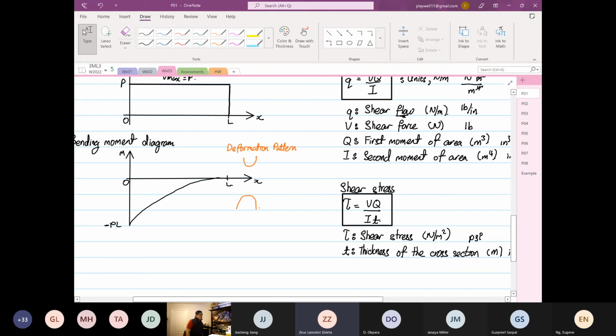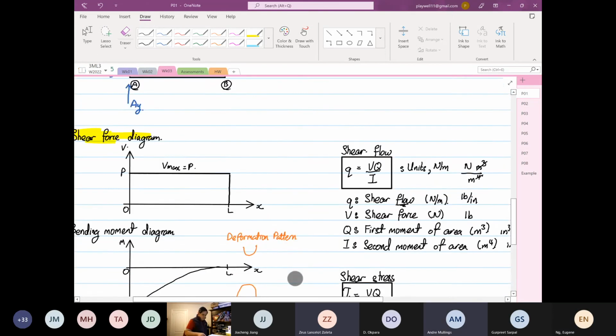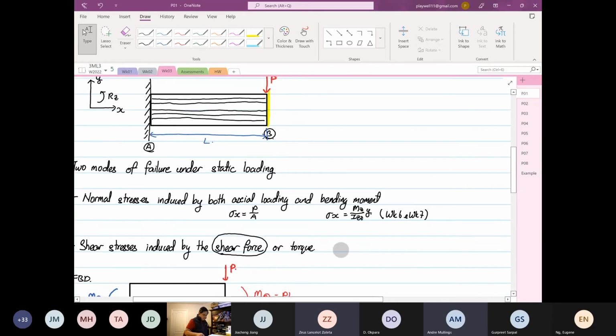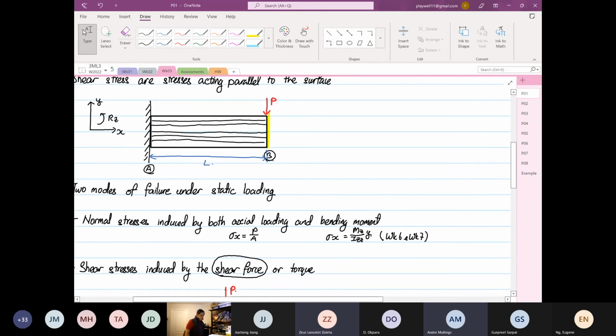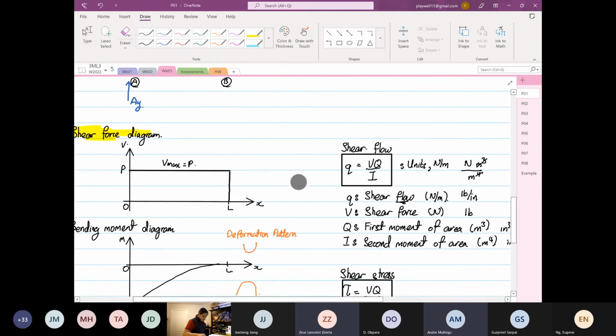Sir, for the shear, the first diagram, what it was, shear flow. Yes. First diagram. Why is it that the P is applied from down under the graph? Basically, it's saying the load P is applied from length 0 to the final length.